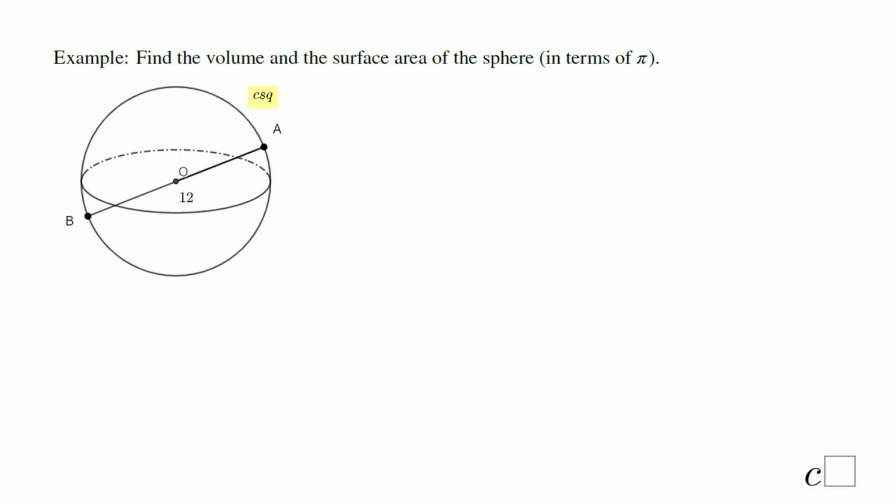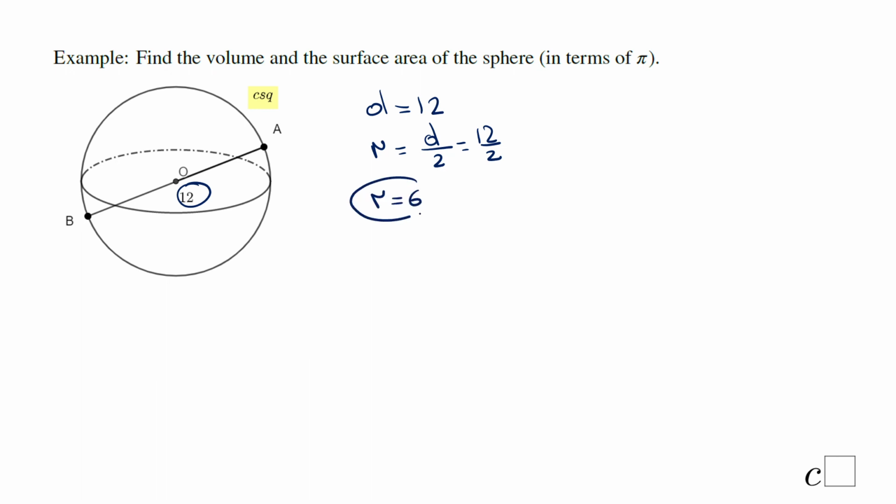In my second example, very similar, however, now the diameter is given, and you notice the diameter is 12. So the first thing you want is to find the radius. The radius will be half of the diameter, or the diameter is twice the radius. So in this case we have 12 divided by 2, and the radius will be 6.